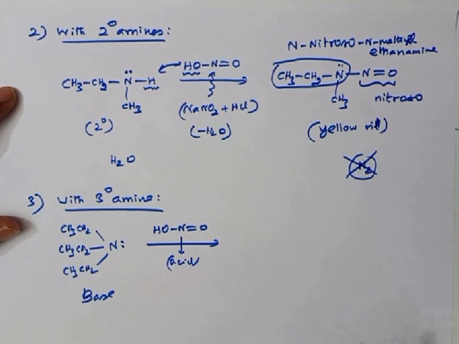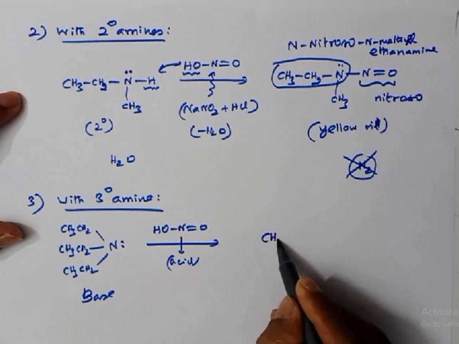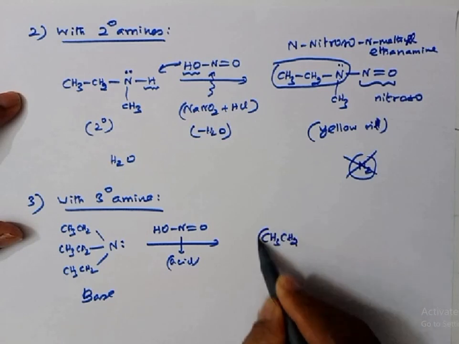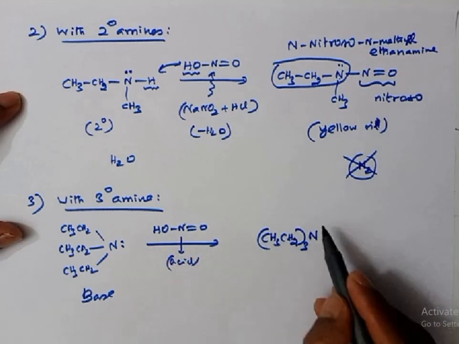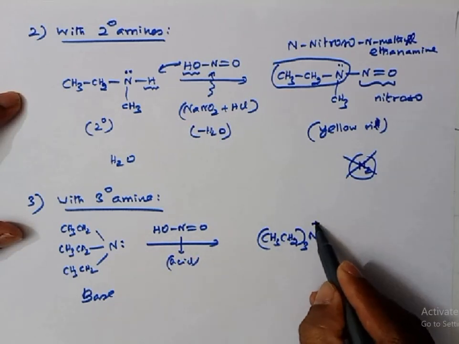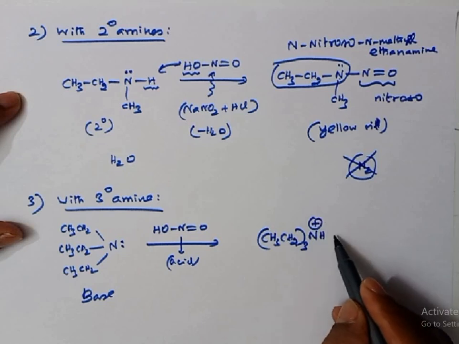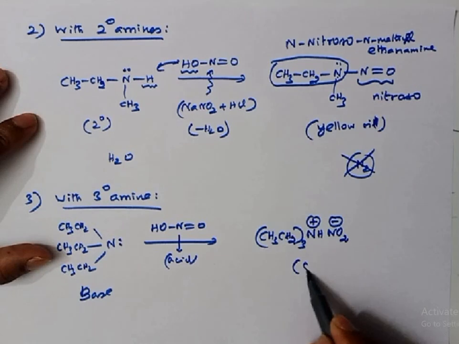So take note. What is the salt you'll get? (CH3CH2)3N, it takes one hydrogen, so NH plus, and you'll get NO2 minus. You'll get a salt like this.